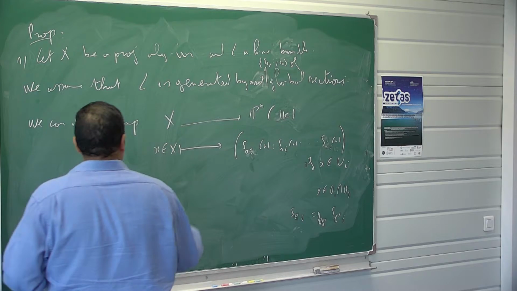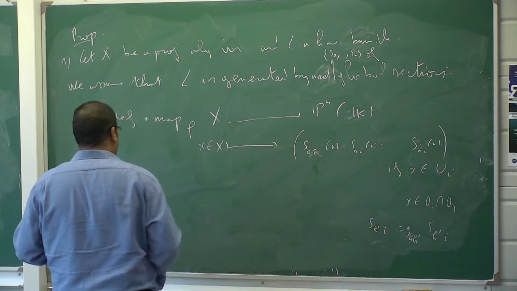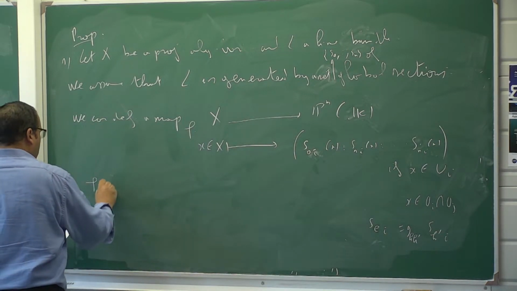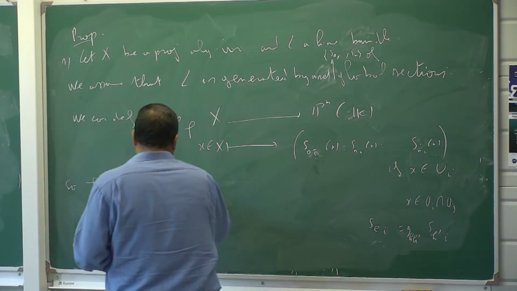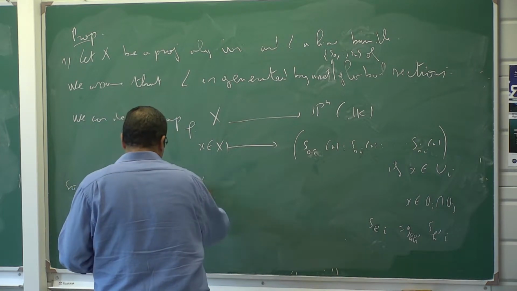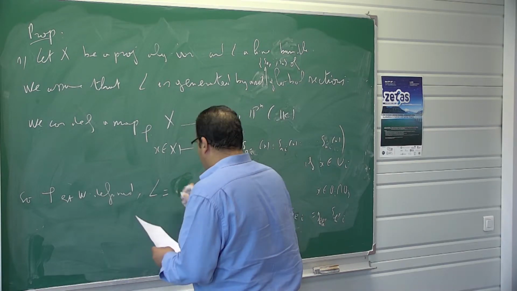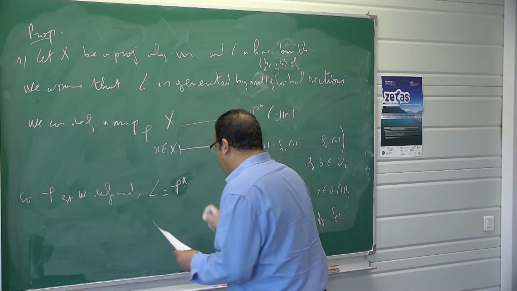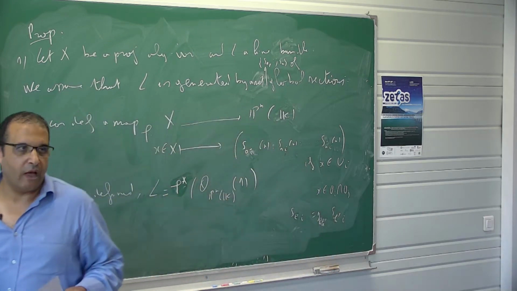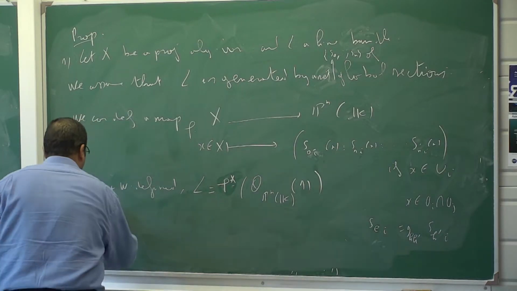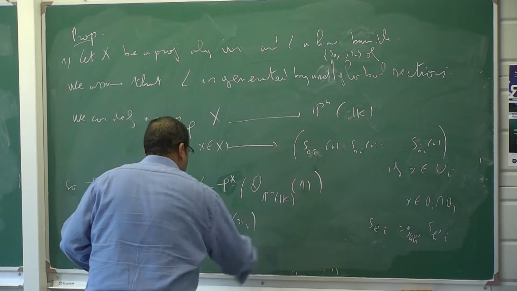And so this map, which I will call φ, is well defined, and it's a morphism, and we can verify that the line bundle L is the pullback by φ of O_{P^n}(1), and the sections s_i are the pullbacks of X_i.